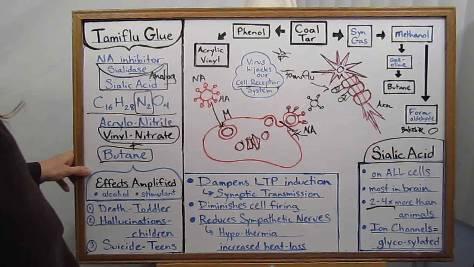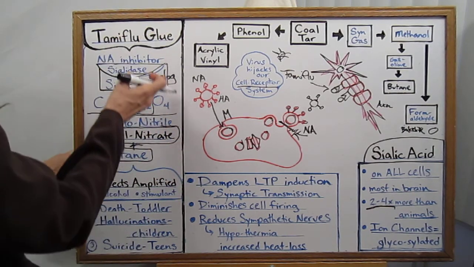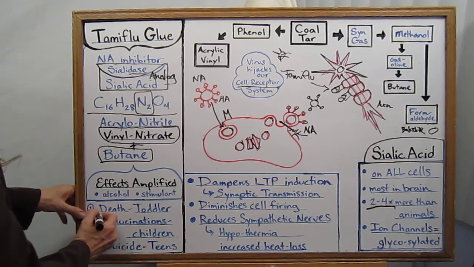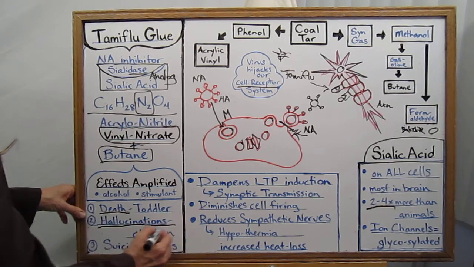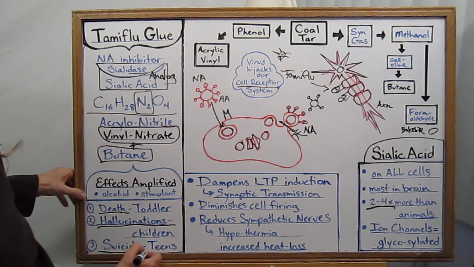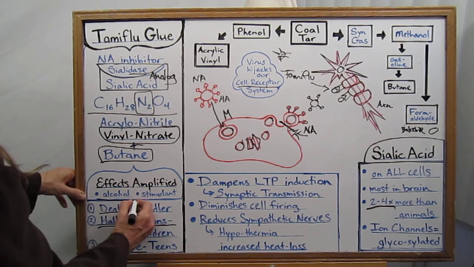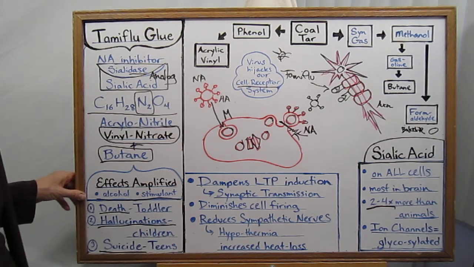The effects, God bless the Japanese for looking into this because they use a lot of Tamiflu, they saw that it was causing death in toddlers, hallucinations in children, and suicide in teens. Obviously, it was having an effect on the nervous system, and these effects were amplified by alcohol and other stimulants, neurostimulants.